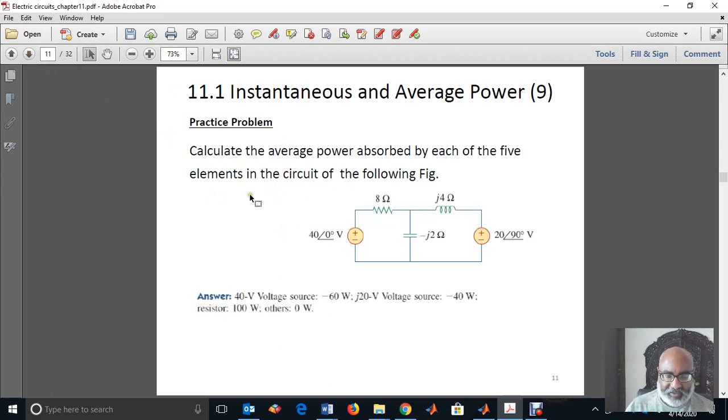And this is another practice problem. Calculate the average power absorbed by each of the 5 elements in the circuit of the following figure. Now, what is the average power absorbed by each element? By the source, by the resistor, by the inductor, by the capacitor. So you will do the same thing. You will try to analyze this circuit.